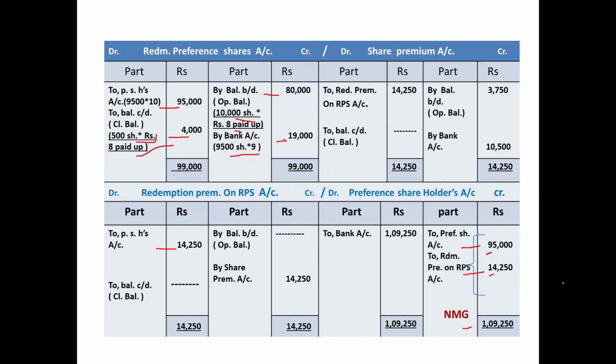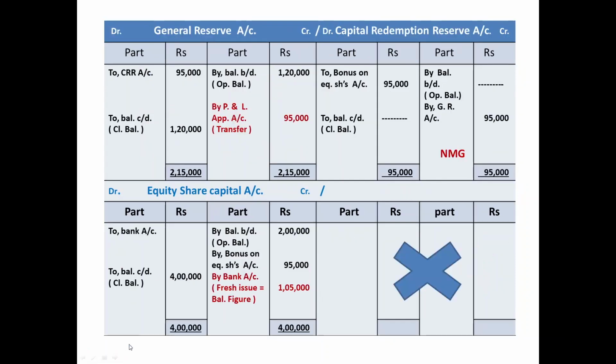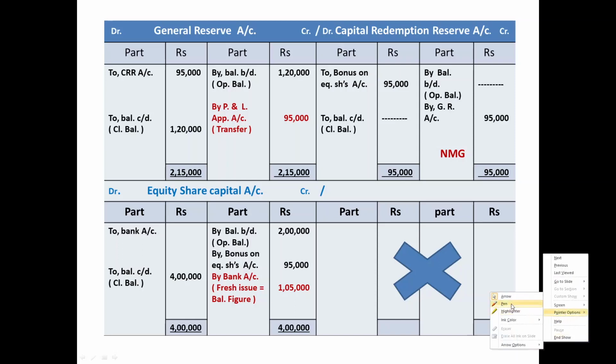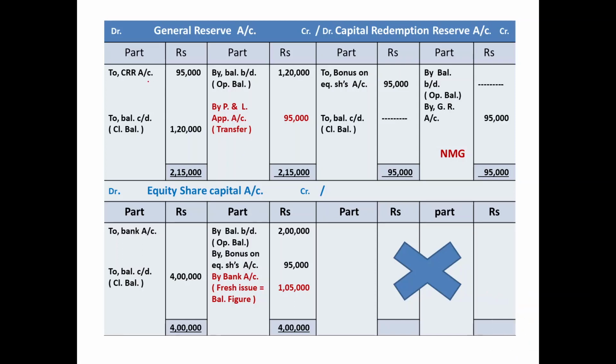Then on the basis of that chart that we prepared for the planning of redemption, the company selected the CRR option. So third journal entry, general reserve account debited to CRR account credited. See, general reserve debit 95,000 to CRR account credited 95,000. Over here, no opening balance, no closing balance.